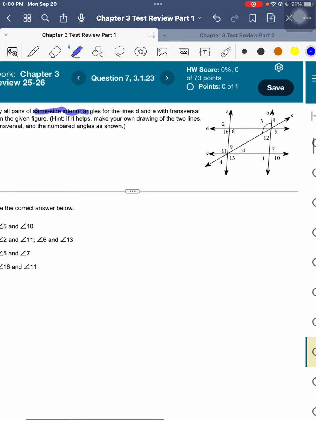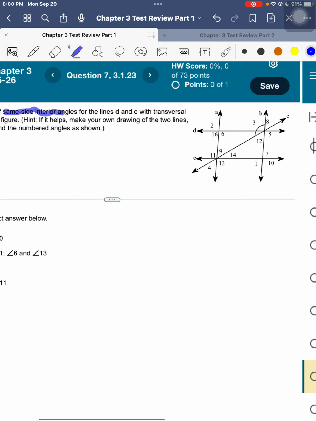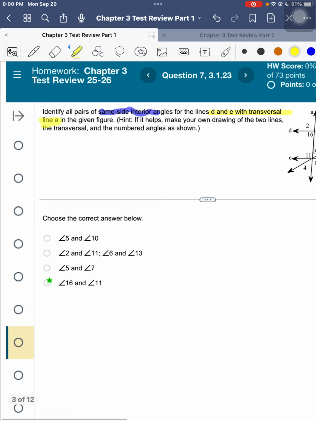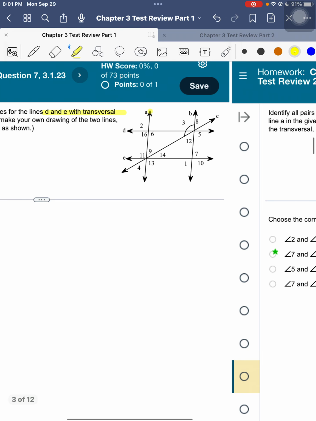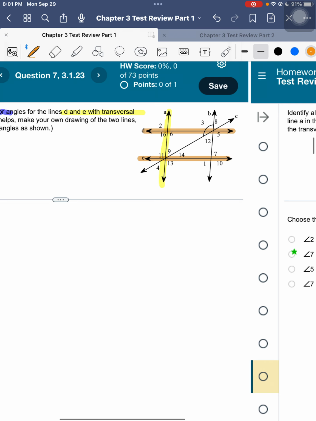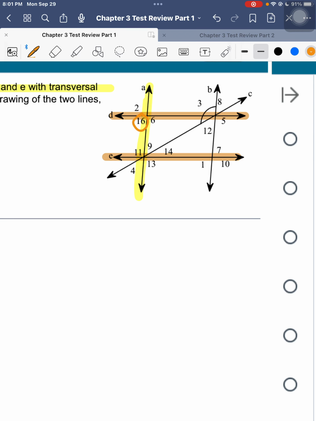Okay. So let's look here, same thing, except now I'm looking for same side interior on lines D and E with transversal line A. So A is my transversal, and my transverse lines are D and E. So what is it they wanted me to find again?